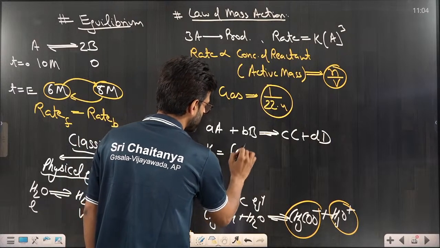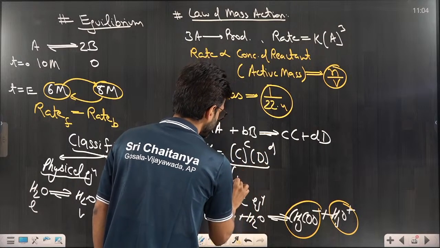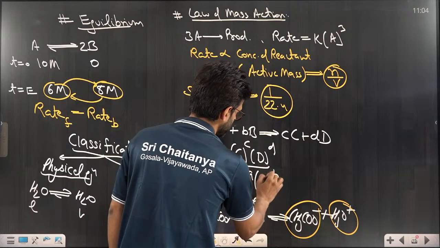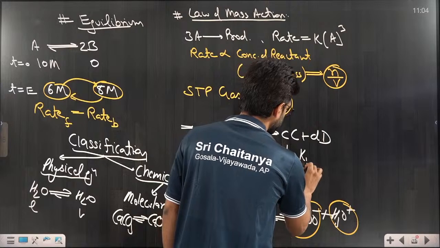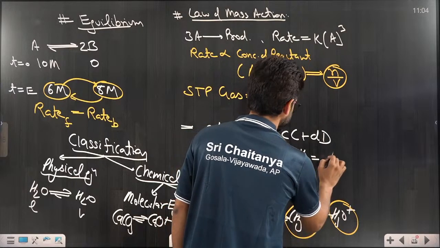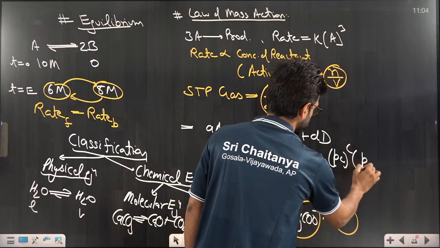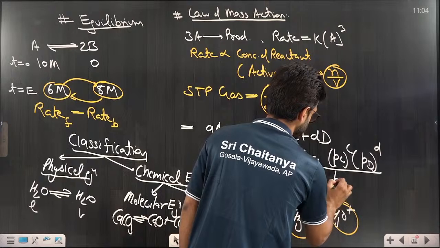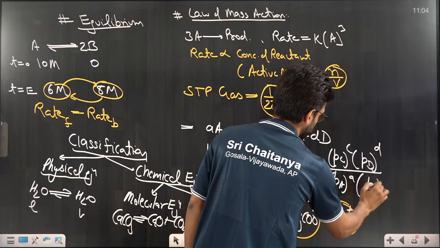Kc is the concentration of C power c, concentration of D power d, divided by the concentration of A power a and B power b. Now if you go for Kp, Kp is the pressure of C power c, pressure of D power d, divided by the pressure of A power a and the pressure of B power b.